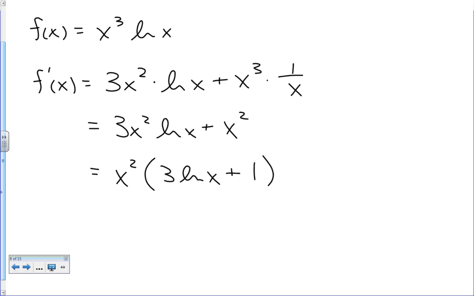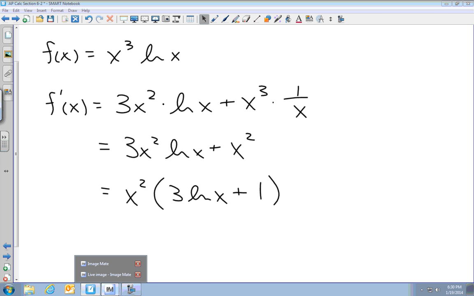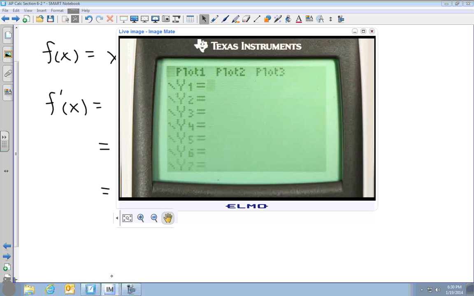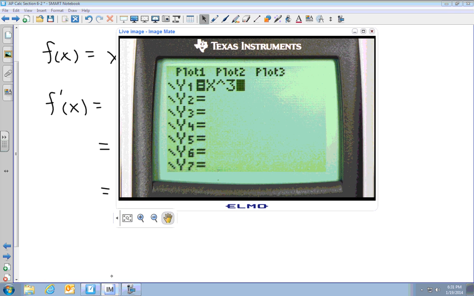Let me switch over to the calculator so you can see that. So if we take our calculator, and we'll check, first of all, that we end up with graphically the correct solution here. So I'm going to put into y1 our original function, which is x cubed times the ln of x.